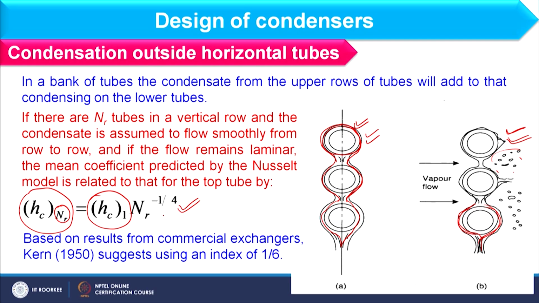However, when I consider more practical data, I have results based on commercial exchangers given by Kern, and he suggested that the index should be 1/6 instead of 1/4. So, because it is based on commercial exchangers, we will consider N_r power minus 1/6 instead of 1/4.